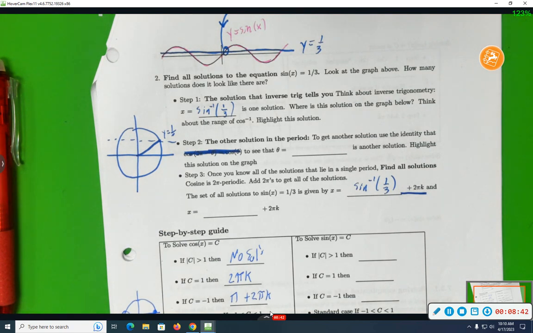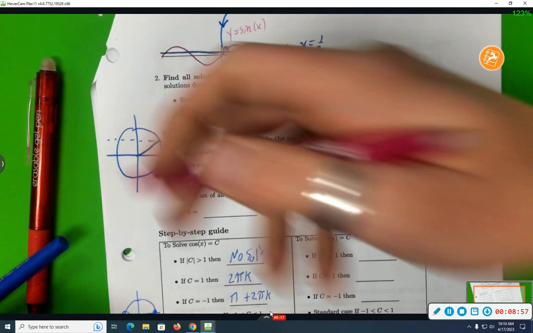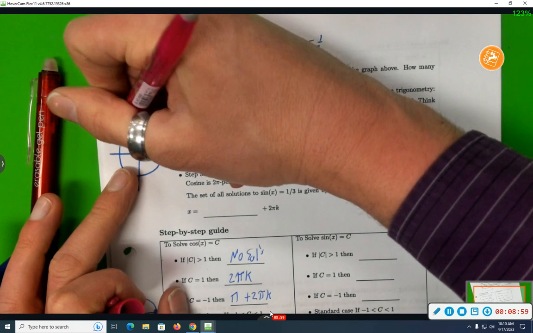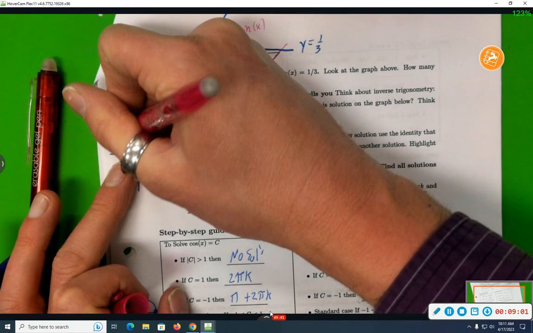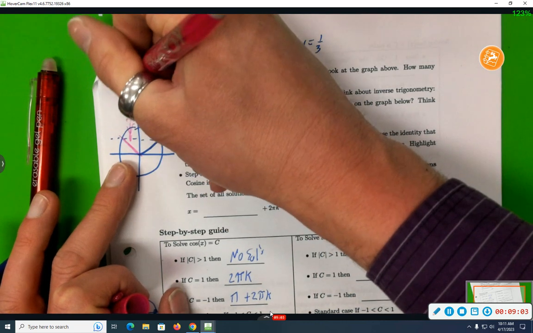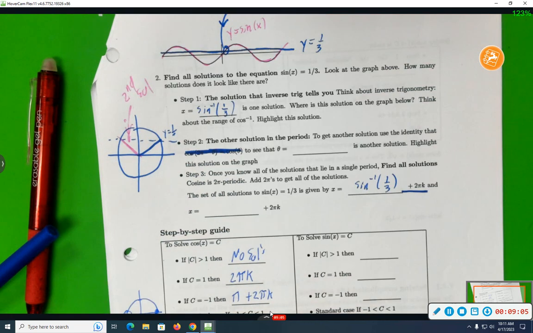Is there another place on the unit circle where you see a y value of 1 over 3? Yeah, it's like the one on this side, right? That thing is the second solution.